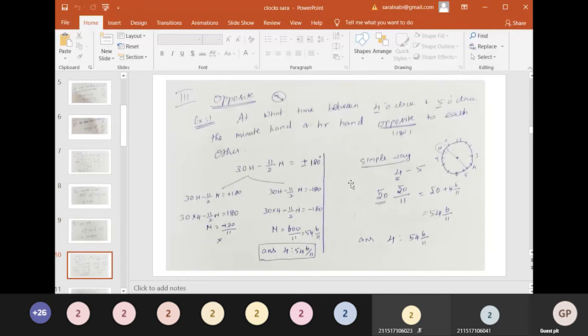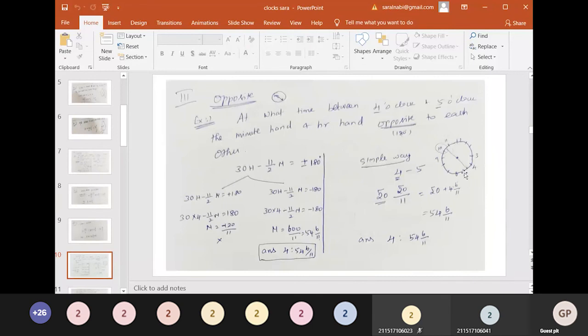Okay, right. So listen. Now we consider 4 o'clock to 5 o'clock. So between 4 to 5, you can draw a sample clock like this, which I have drawn here for you. Okay, 4 to 5, they are asking for the opposite angle. They are asking when the hour and minute hands are in opposite directions. So just see 4 to 5.